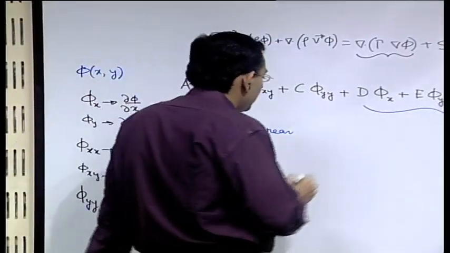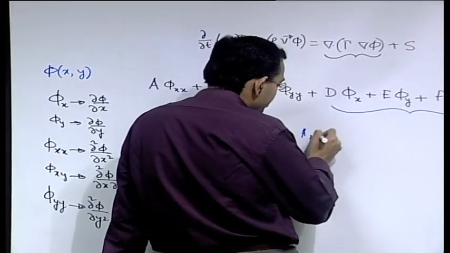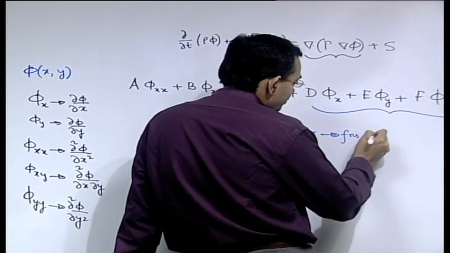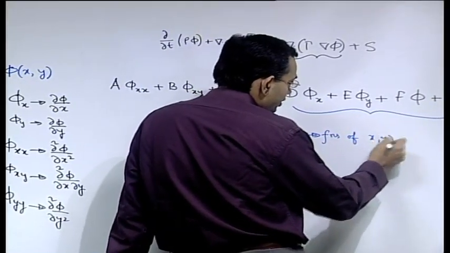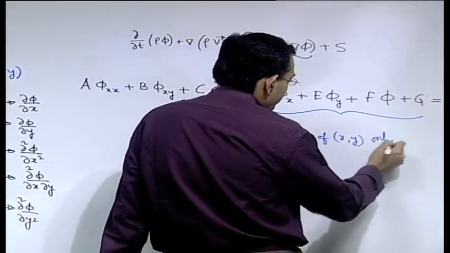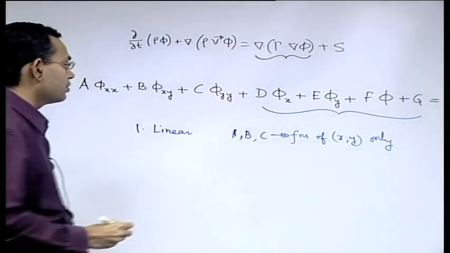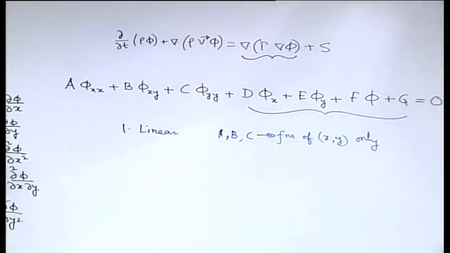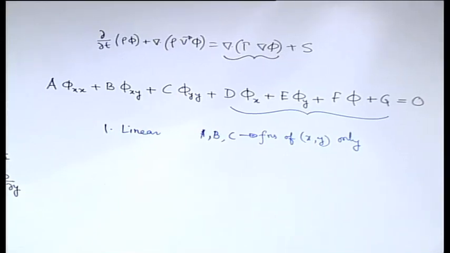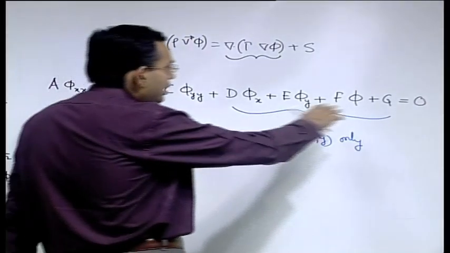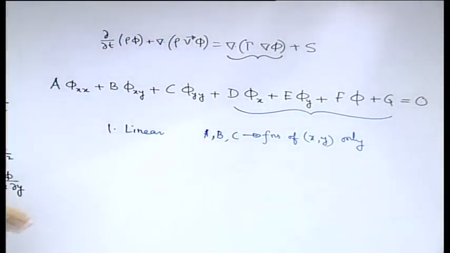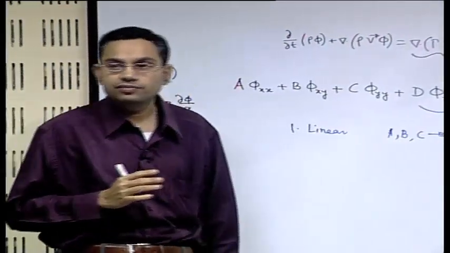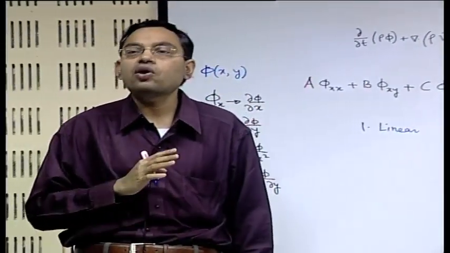You have A, B, C, these are functions of x, y only. And the remaining terms which are there, these are supposed to be linear functions of phi, phi x, phi y, like that. So, there is no non-linearity involved.